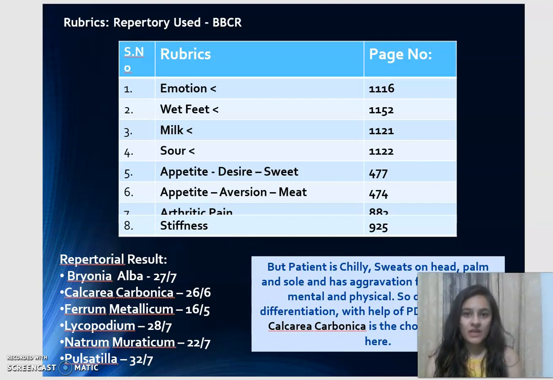This is where PDF comes into role, and it is the most brainy part. The patient is chilly and she has sweating on her head, palms and soles, and aggravation from mental or physical exertion. So because of this differentiation, with the help of PDF, we finally think that Calcarea carb is the choice here.